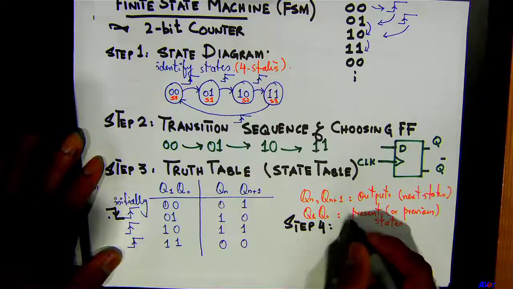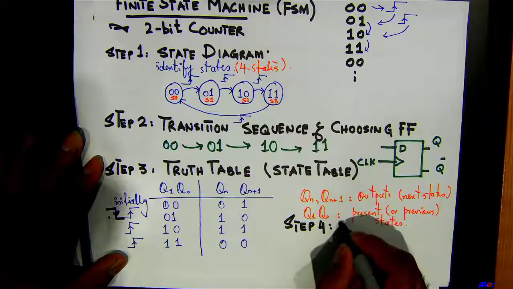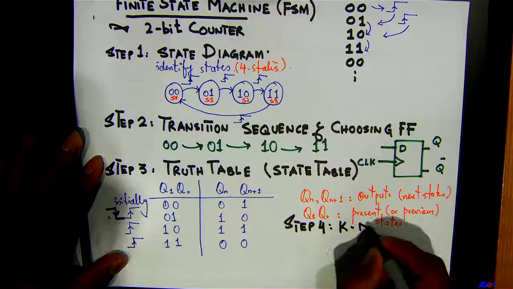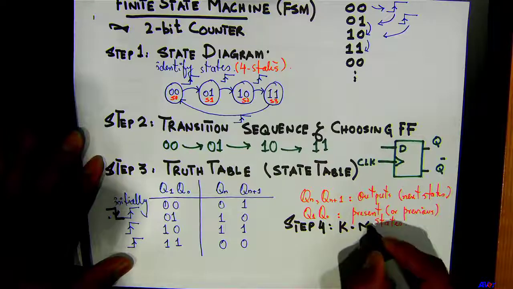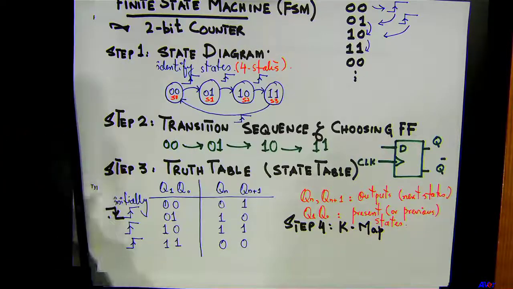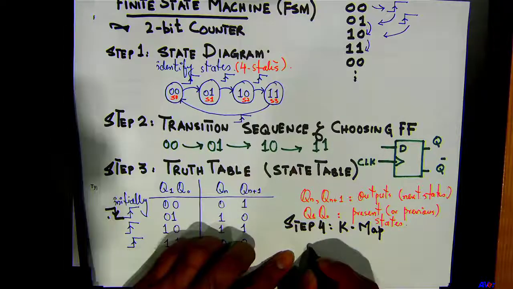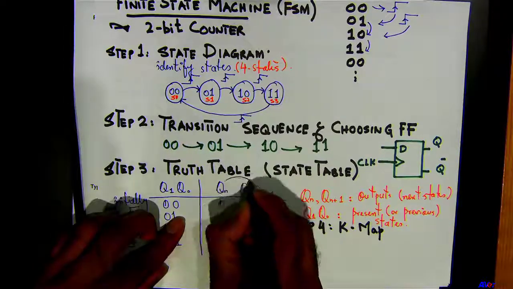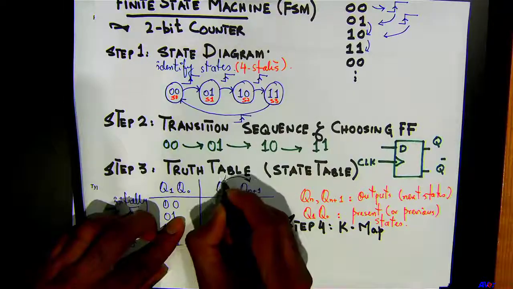Step 4 will be getting the simplified expression using K-map for the next states. So how many expressions would we have, folks? Because we have Qn and Qn plus 1, we would need them for both Qn and Qn plus 1.